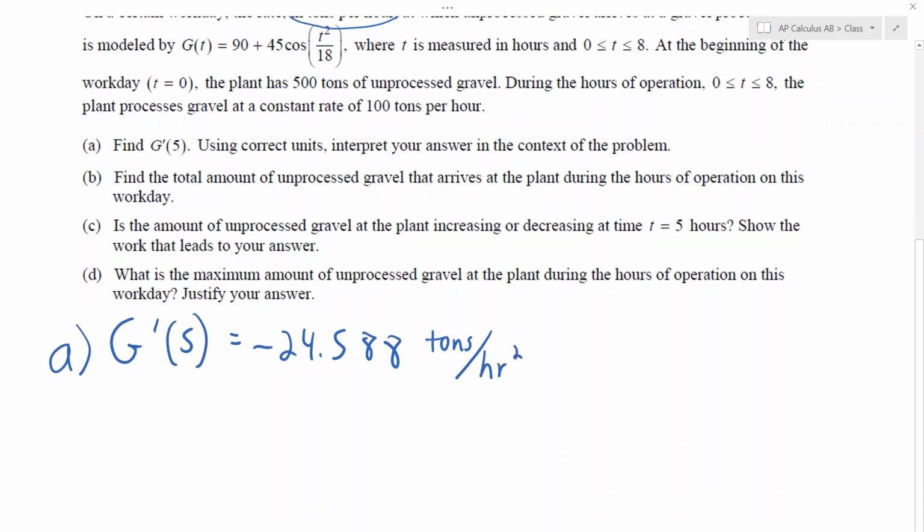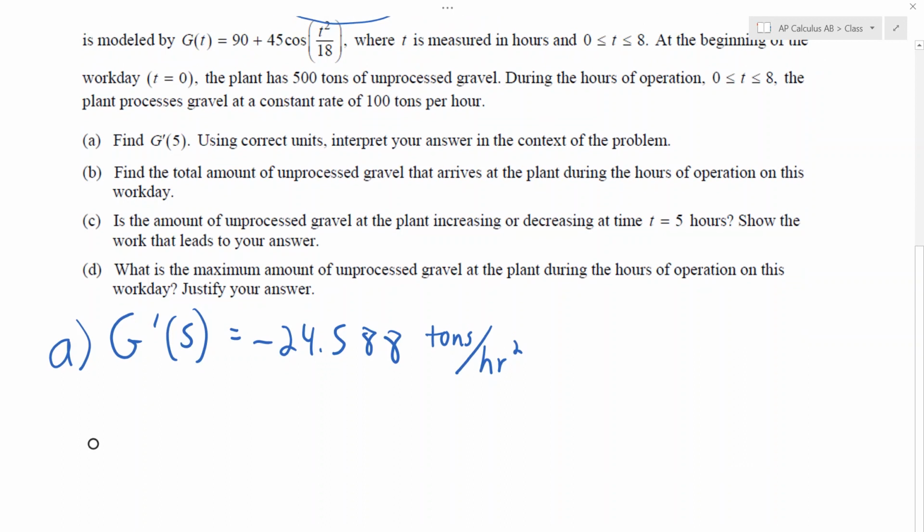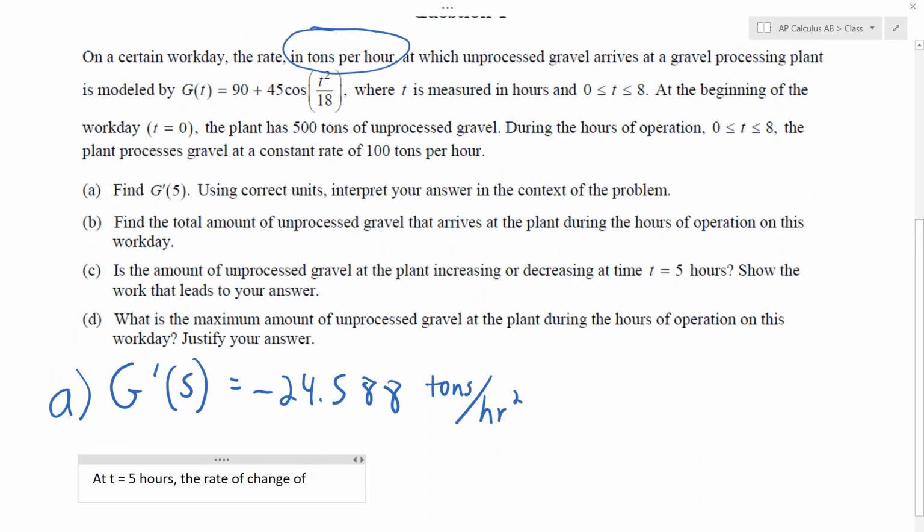Then it says interpret it. I'm going to type it just because my handwriting has been abysmal. At T equals 5 hours, all you got to do is put what G is and say the rate of change of that. The rate of change of, see what they say G is?